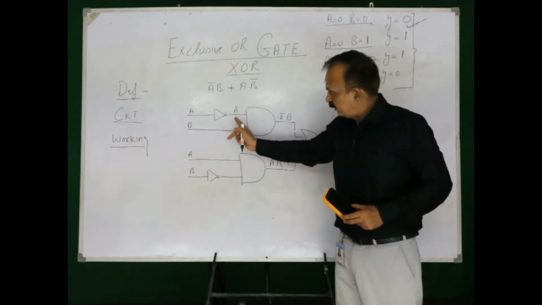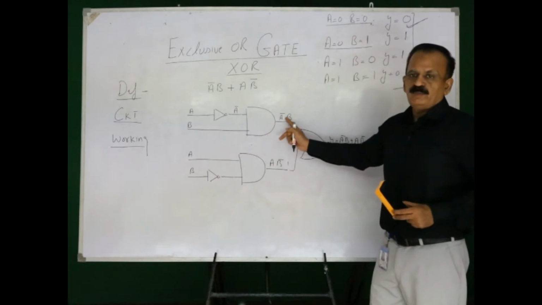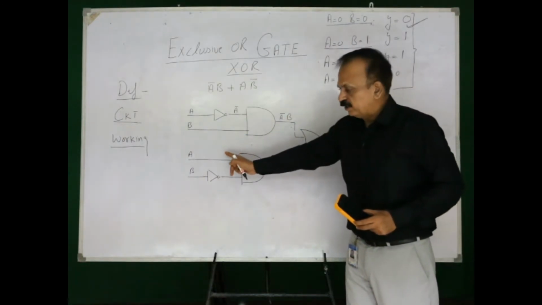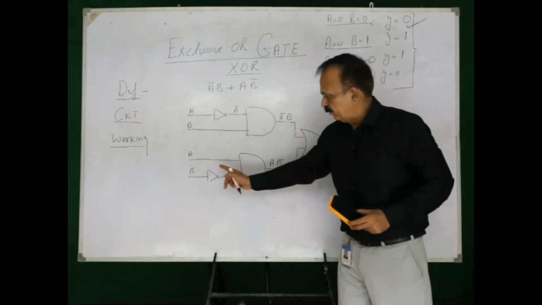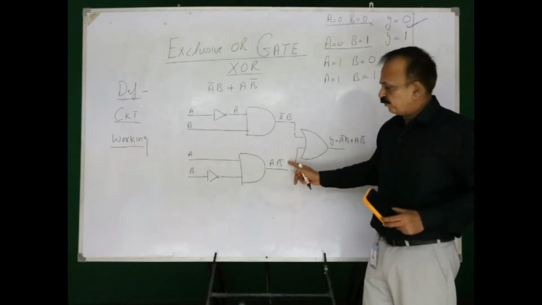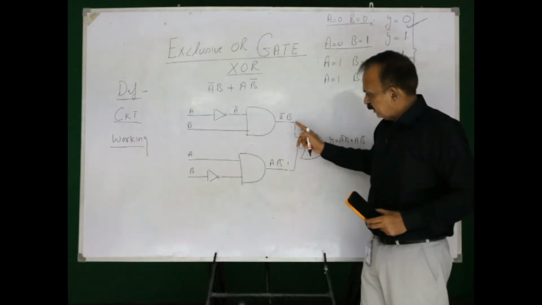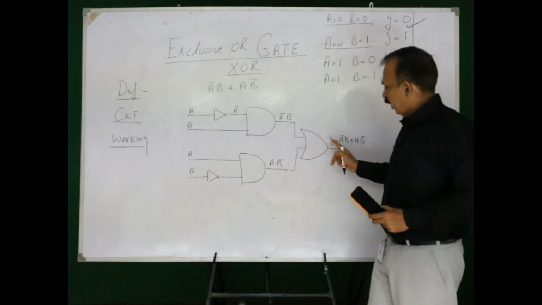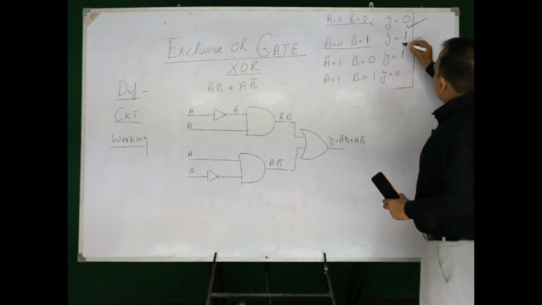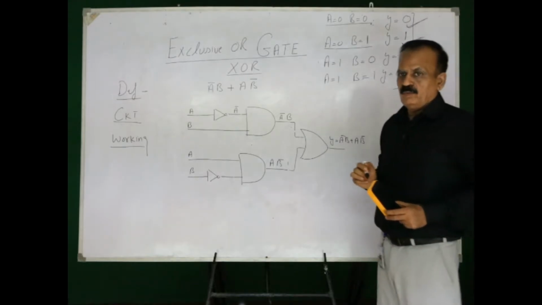When both are 1, A bar into B will be equal to 1. Now A is 0, B is 1, so B bar will be 0. Both 0, the result is going to be 0. Now if this value is 1, this value is 0, y will be equal to 1, and this is the case, that is y is equal to 1.